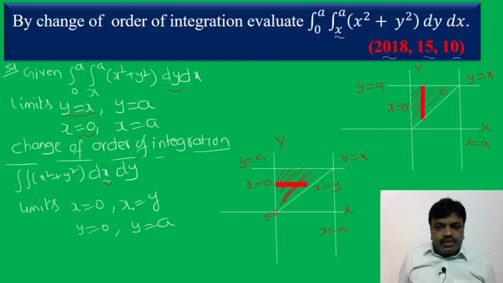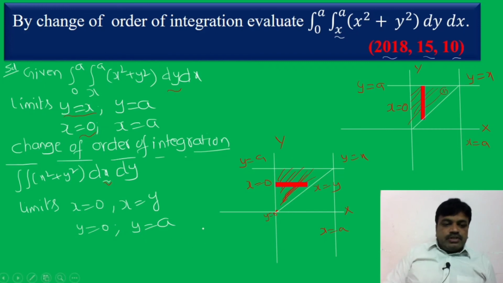Some people think that here we just change the order, meaning you write x from a to 0. It is not correct, friends. You first identify the region, then for dy you draw a vertical strip, and after changing the order, for dx you draw a horizontal strip. The strip should cover the same region. Thereby we get the limits, friends.